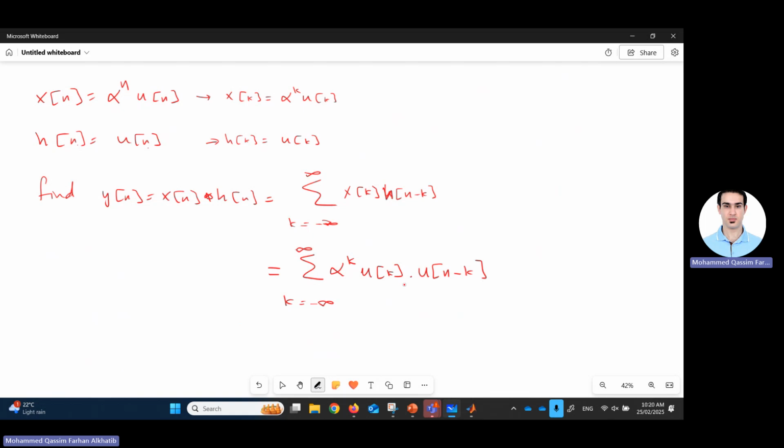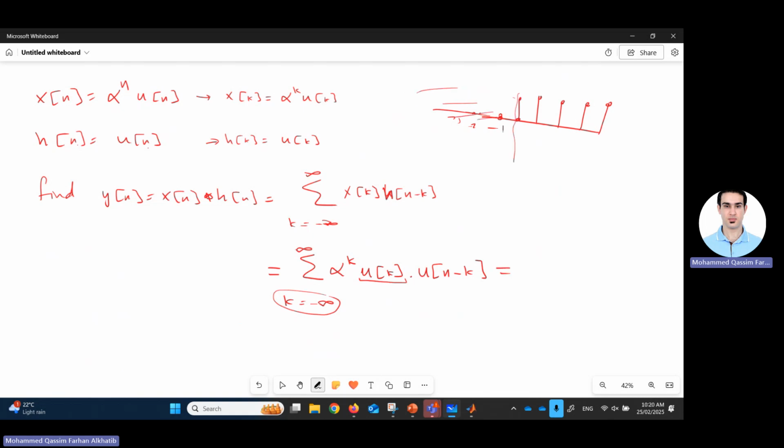Now, what do you know about the unit step function? The unit step function starts at 0 and gives you pulses of value 1. At -1, how much is the value? 0. At -2? 0. And so on. Now, when you look at this summation, it's from -infinity to infinity. But I know that this u of k will restrict my summation to start at 0, because all these values are 0.